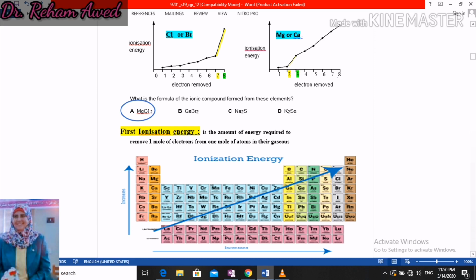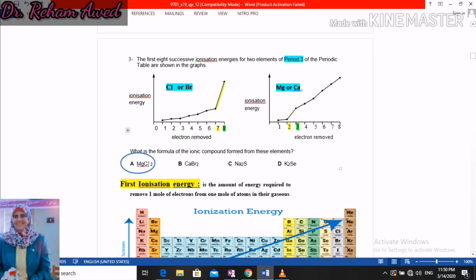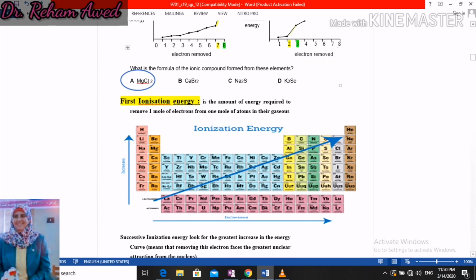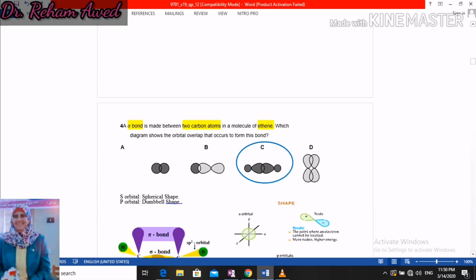So we are talking about group 2 elements, alkaline earth metals, like magnesium and calcium. In our question, we are talking about period 3 elements, so exactly we are talking about magnesium and chlorine. So the correct answer is magnesium chloride, MgCl2.